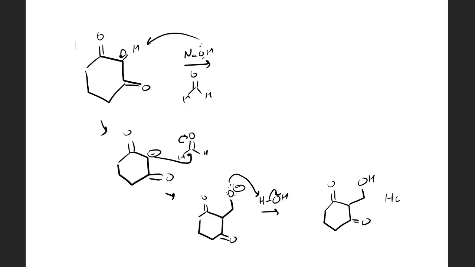Now we're under basic conditions again. So we have our OH minus. We have an acidic proton right here. We can deprotonate this to get us to our next intermediate. So still 2 ketone functional groups.